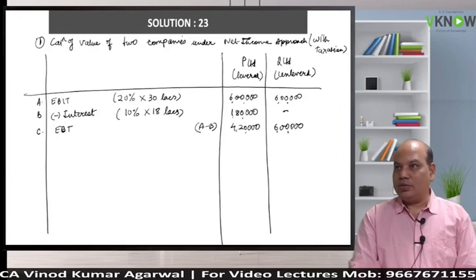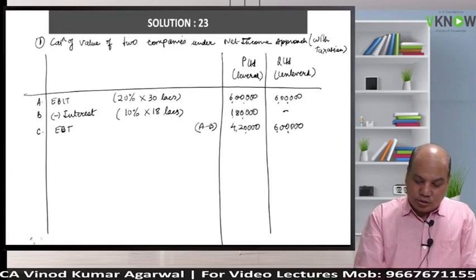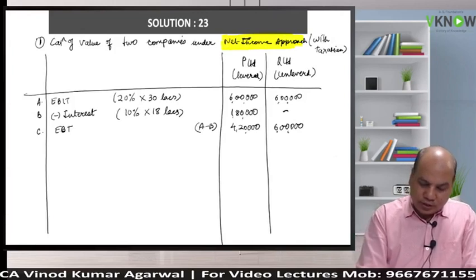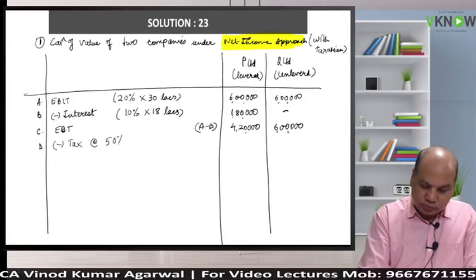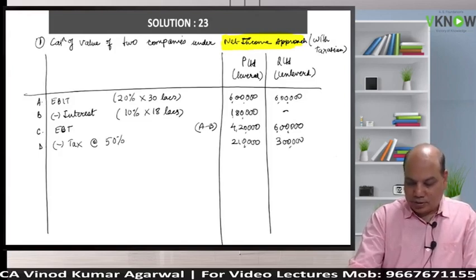Correct? So the only thing you have to do now, if you have taxation, then under net income approach, you have to first deduct tax also, less tax at the rate of 50%: 2,10,000, 3 lakh.